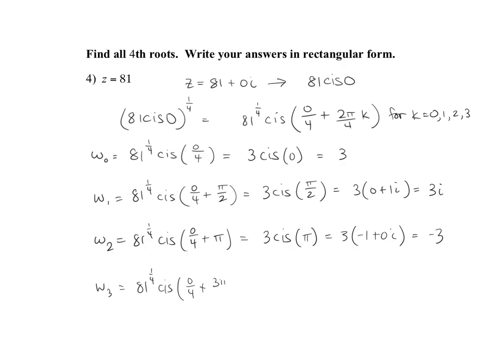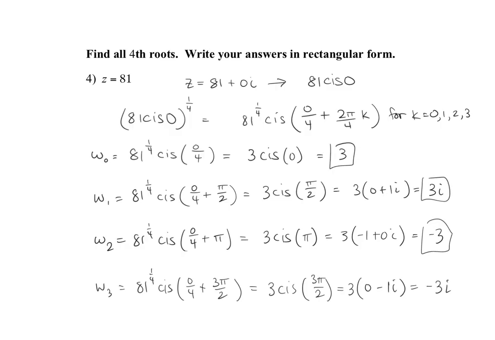So this is 3 pi halves. Cosine of 3 pi halves is 0, and the sine of 3 pi halves is -1. So there we have all fourth roots of 81.